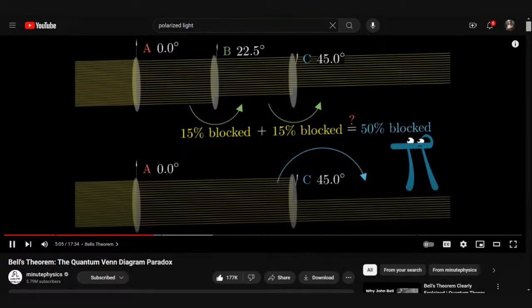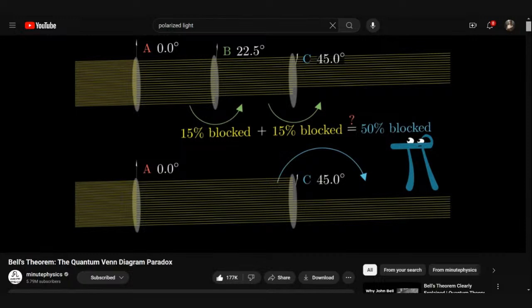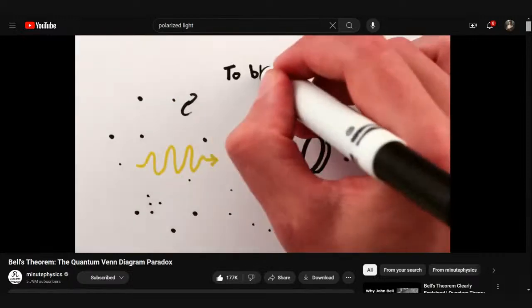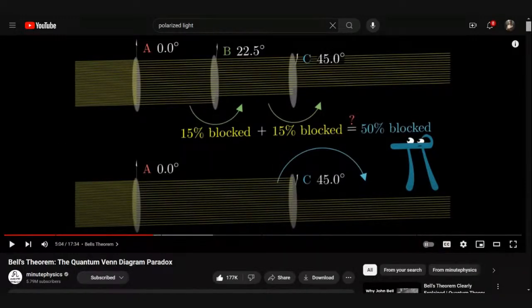Which is why the lamp looks a lot brighter when you insert filter B. But it really makes you wonder how the universe is... So yeah, when you add B, it becomes brighter, which is weird. How can you add B and make it brighter?